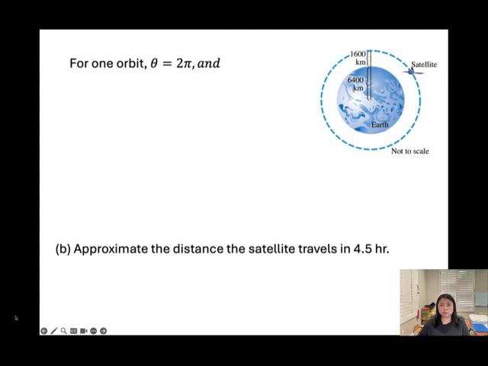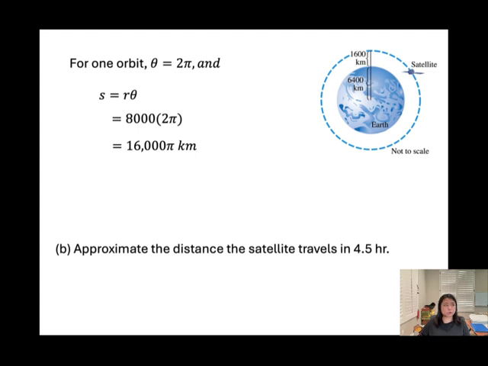We want to find the linear speed, so V equal to S over T. First we find S. S is equal to R theta. R is 8,000 and theta is 2 pi. Plug it in and you should get 16,000 pi kilometers.